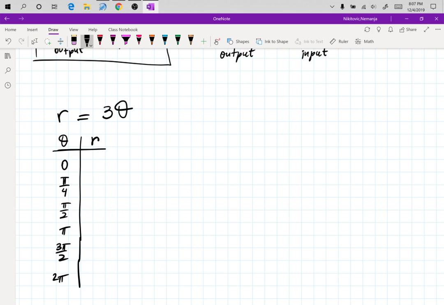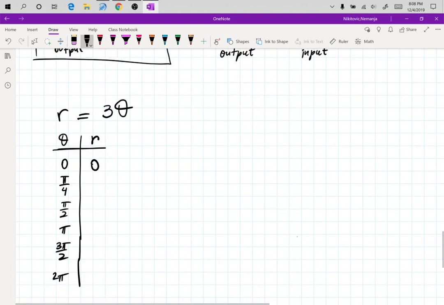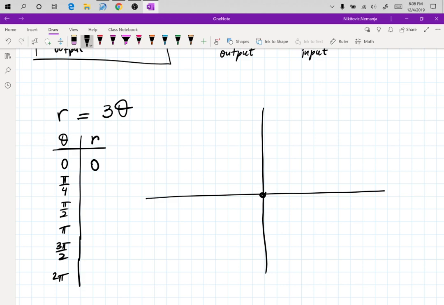There you go. When I plug in 0 for theta, 3 times 0 is 0. So I computed 0 for r, and I can draw the first point 0, 0, which would be at the origin.